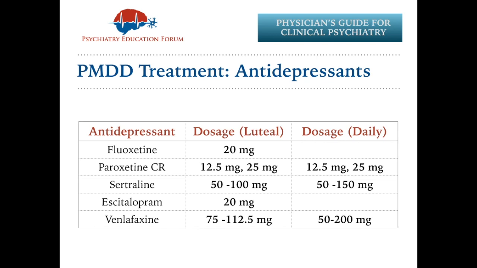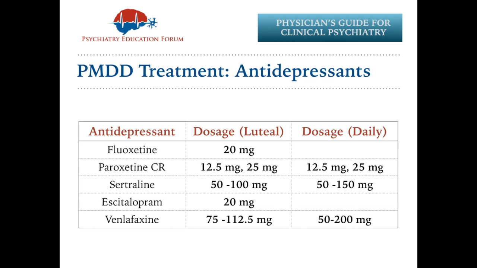Fluoxetine, paroxetine, and sertraline are FDA approved, but we have also studies on escitalopram and venlafaxine in terms of effectiveness. For fluoxetine, 20 milligram dosing is more effective than 10 milligram dosing in terms of effect on both mood and physical symptom. Same goes for paroxetine CR.